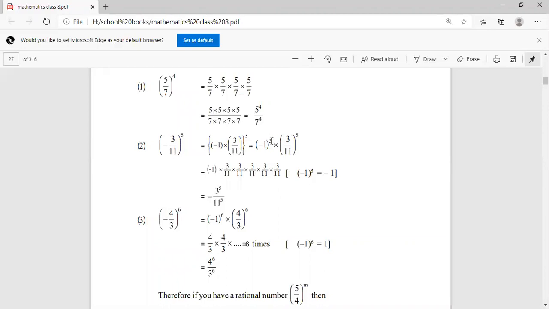The power is 5 and 5 is an odd number. So minus 1 to the power 5 will be equals to minus 1. And the 3 by 11 whole to the power 5 will be written as it is. So you will get the overall answer as minus of 3 to the power 5 upon 11 to the power 5.